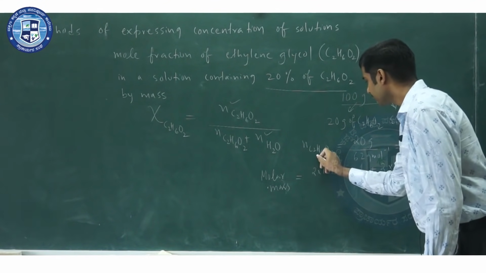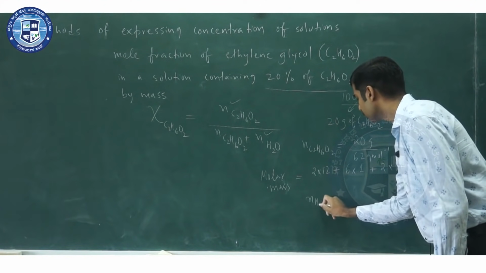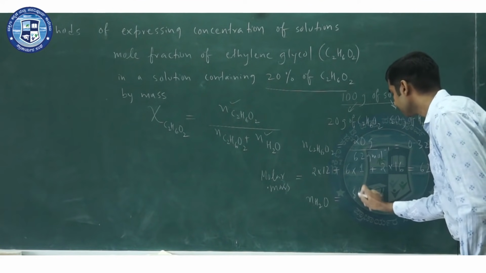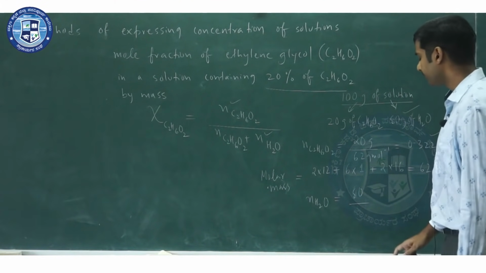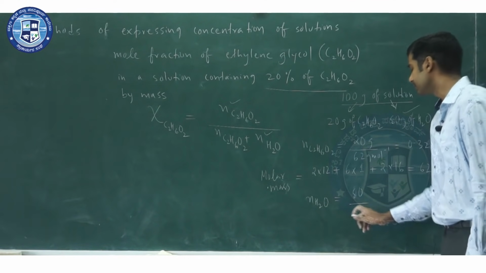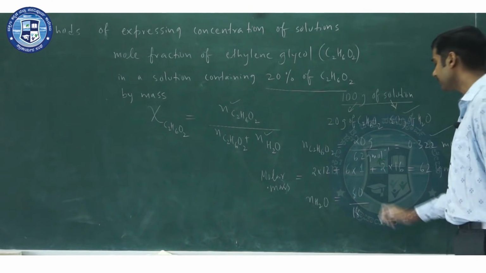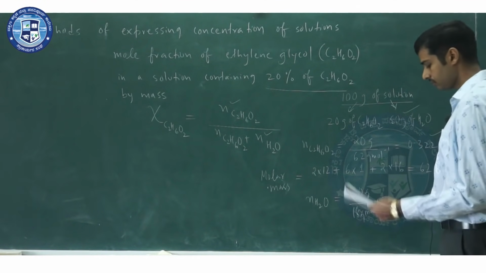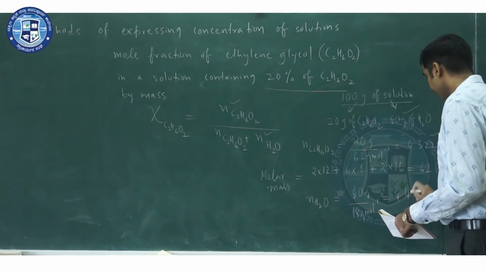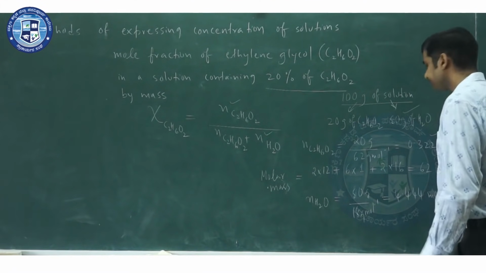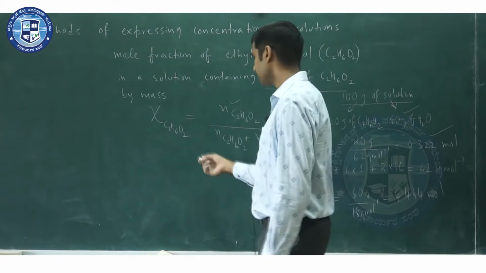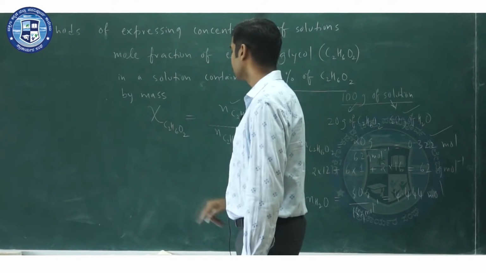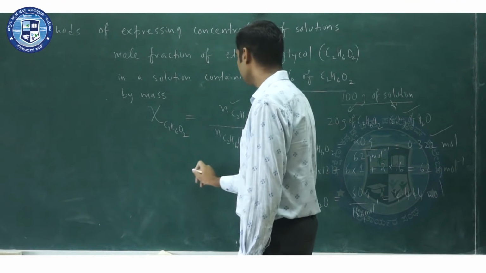So the number of moles of ethylene glycol is worked out. Just like I have done for ethylene glycol, the number of moles for water has to be worked out. What is the mass of water? 80 grams. What is the molar mass of water? You are quite familiar with this. 1 into 2 plus 16, 18 gram per mole, the molar mass for water, and this will be a value close to 4.444 mole. This has to be now substituted. We come back to the formula for calculation of mole fraction of ethylene glycol.